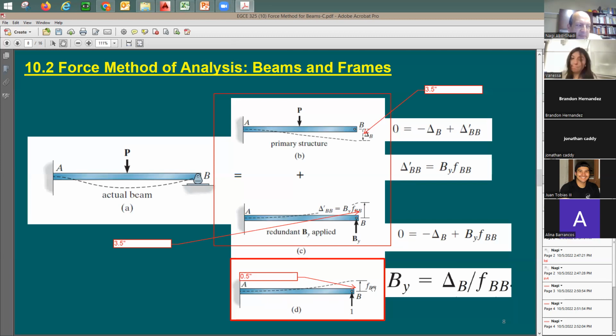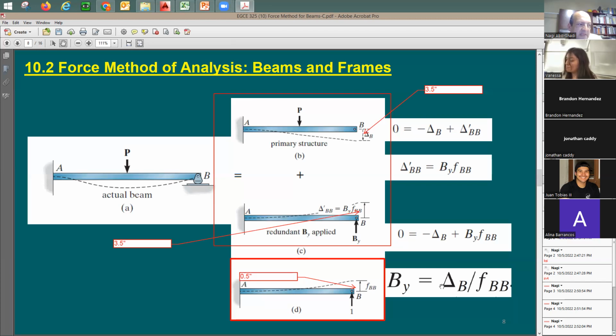If you take this FBB, it's going to be due to how much? Only one kip. The question is, how many kips do you need to bring this flat, which means instead of being half an inch, you'd like to make it 3.5 inches. So this deflection is going to be equal to the total deflection, which is 3.5 inches, divided by the half inch. And with that, you get 7 kips.